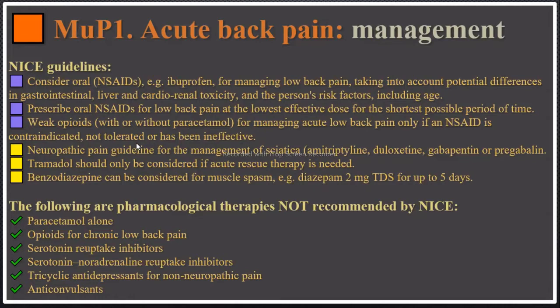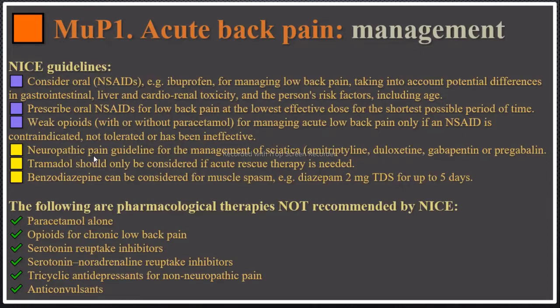If they said not tolerated, choose opioid, with or without paracetamol. If they said the patient is on a non-steroidal anti-inflammatory drug but not responding to pain, choose opioid, with or without paracetamol. So again, when you are studying any guidelines, each point can be a scenario.